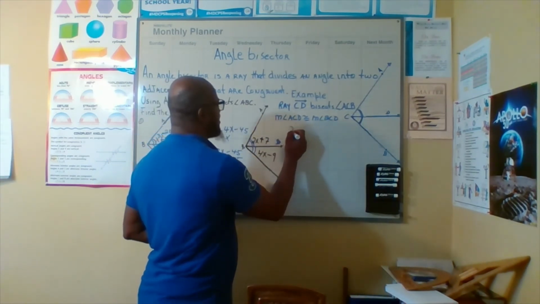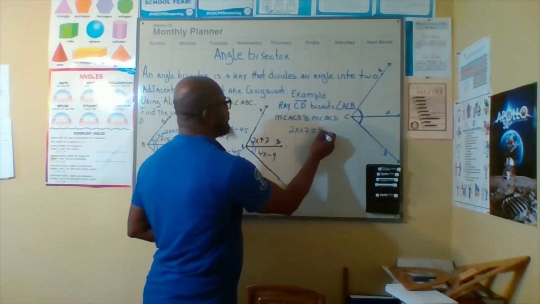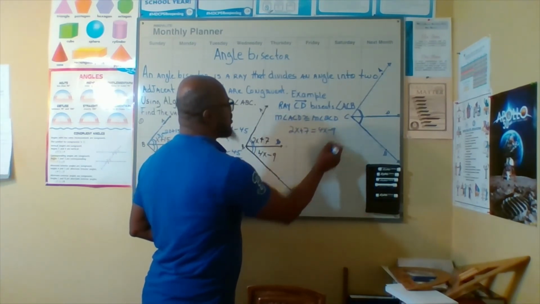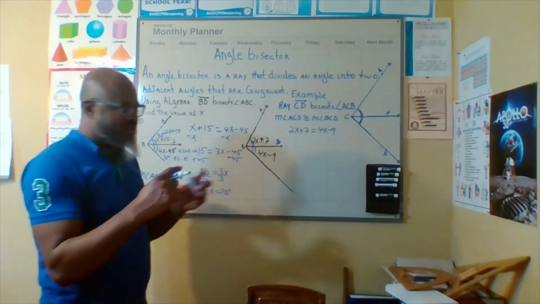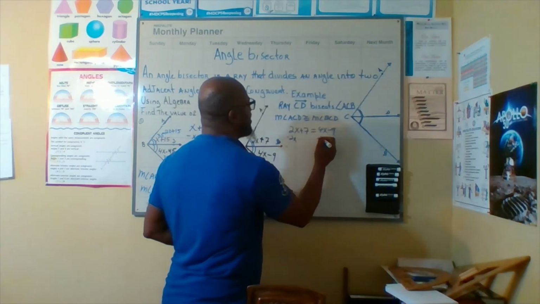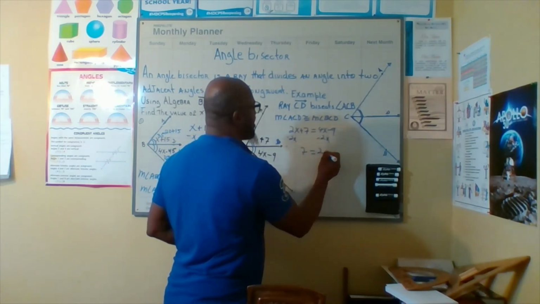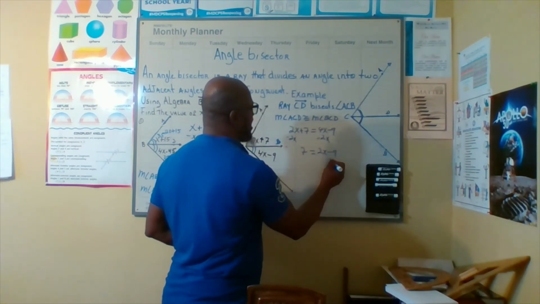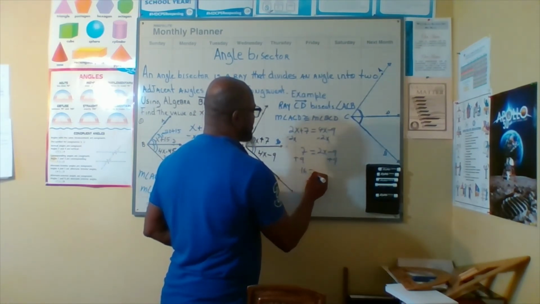You will have 2x plus 7 is equal to 4x minus 9. That's our equation. The bisector splits it into two congruent parts, two congruent angles. You subtract 2x on each side, you will have 7 equals 2x minus 9. Add 9 on each side, you will have 16 is equal to 2x.